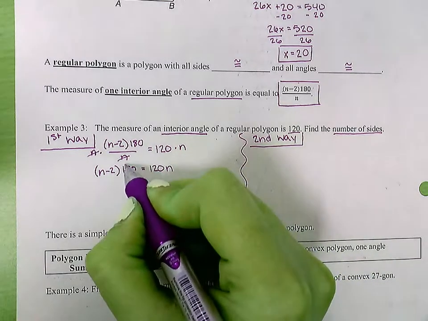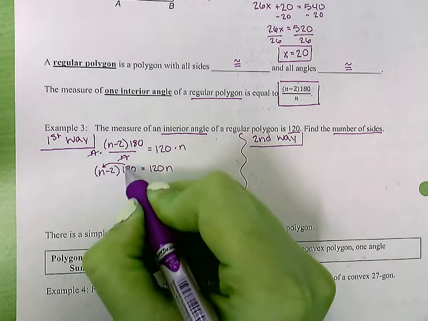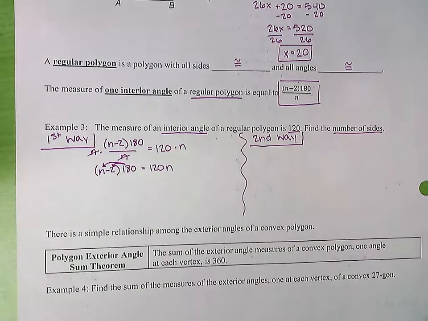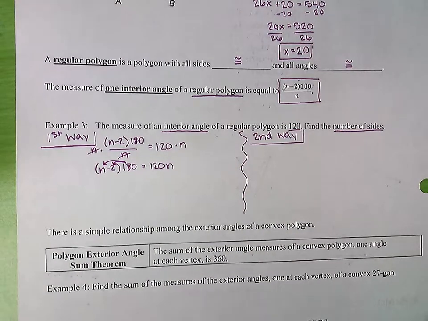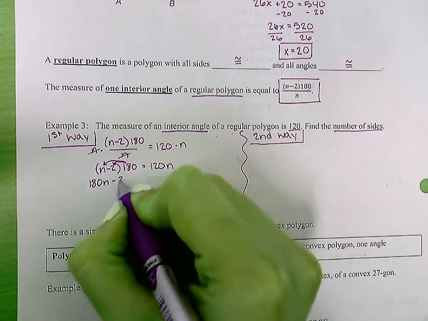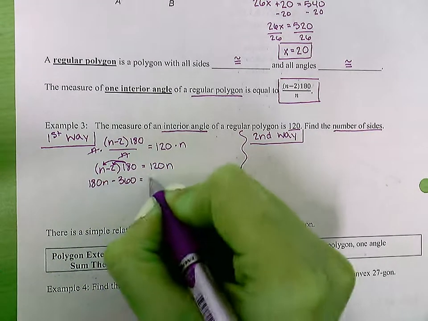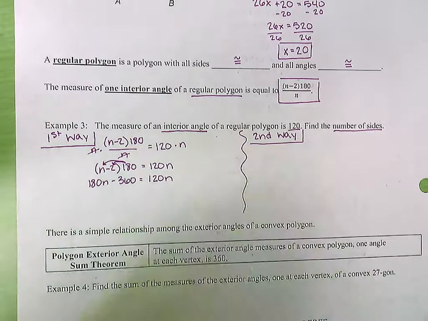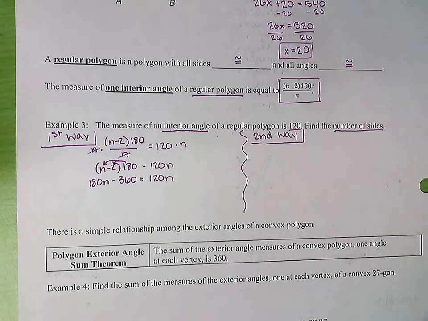Okay, next what I want to do is distribute this 180 to both of those terms. So I get 180n minus 360 is equal to 120n. I distributed that 180 to both of those numbers.